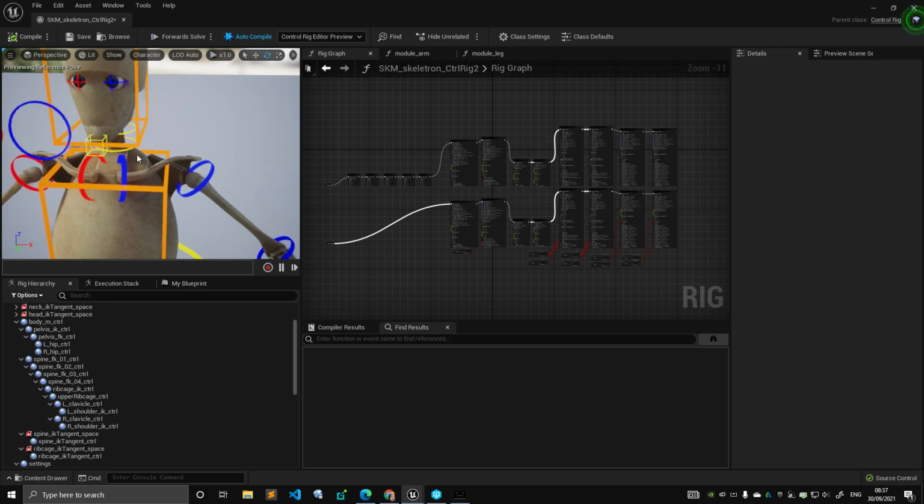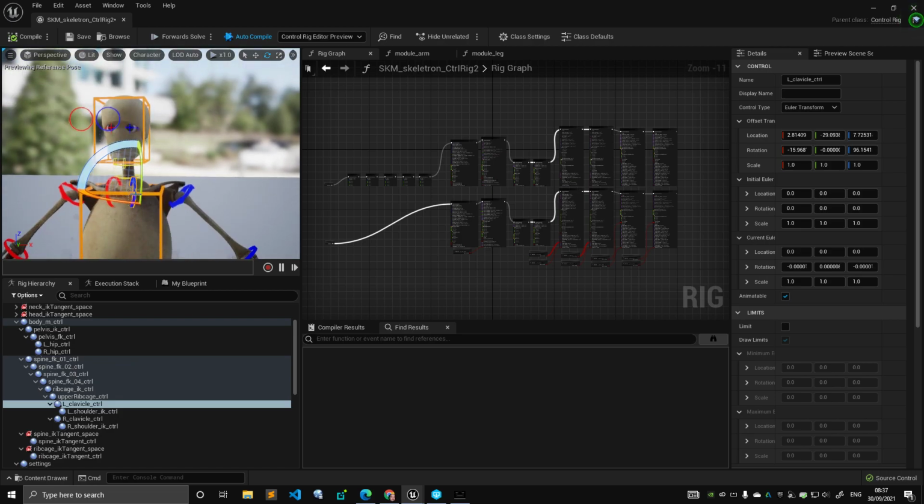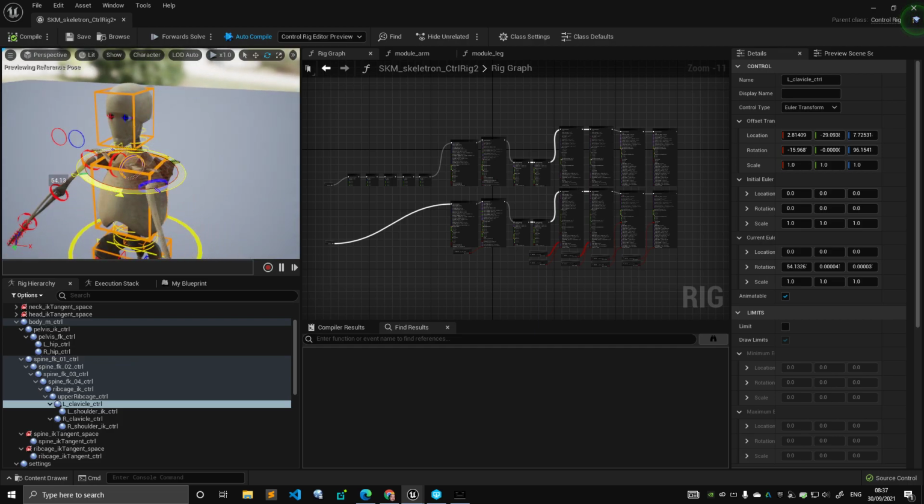On top of that, we have the clavicle, which is an object that follows the rib cage, but it's also the parent of, it drives the arm.